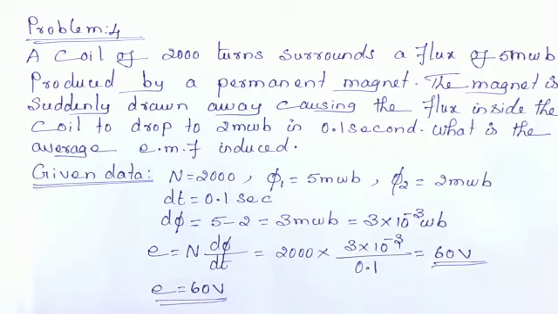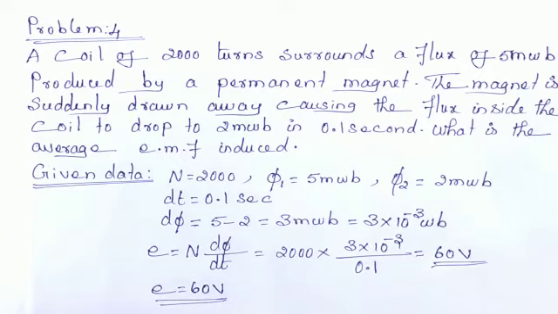Given data: number of turns N equal to 2000, flux φ1 equal to 5 milliweber, another flux φ2 equal to 2 milliweber. dt is equal to 0.1 second, dφ is the change in flux, the difference between the two fluxes, 5 minus 2 equal to 3 milliweber, 3 into 10 power minus 3 Weber.